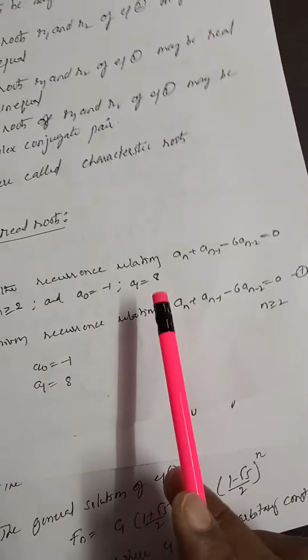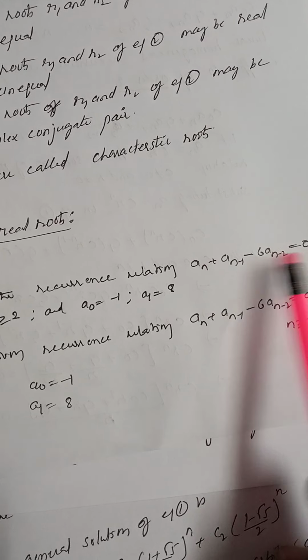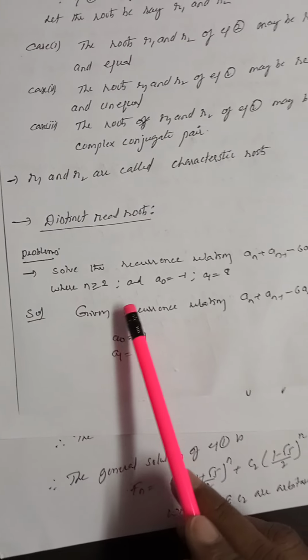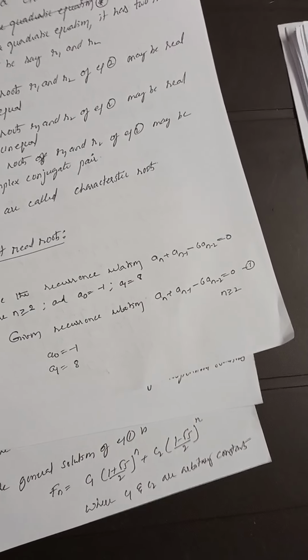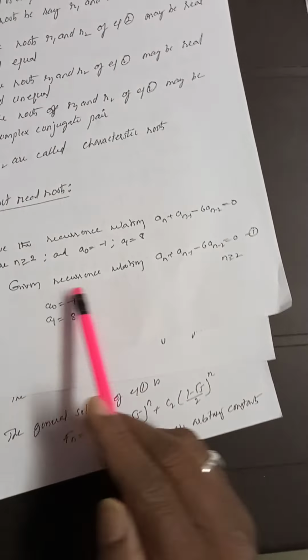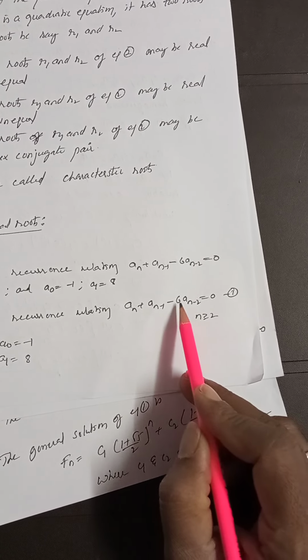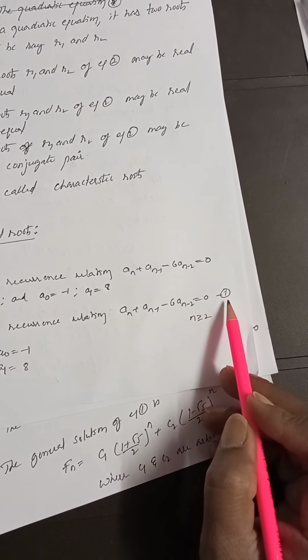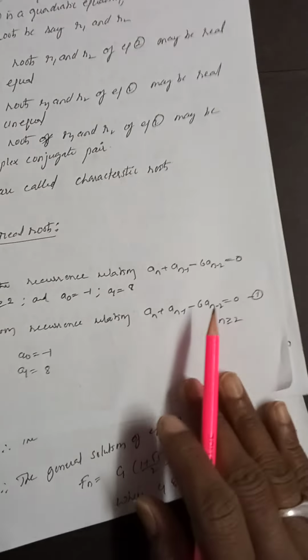Solve the recurrence relation an plus an minus 1 minus 6 into an minus 2 is equal to 0, where n is greater than or equal to 0, with the initial conditions a0 is equal to minus 1 and a1 is equal to 8. We know what we mean by initial conditions. We call the given recurrence relation equation number 1.